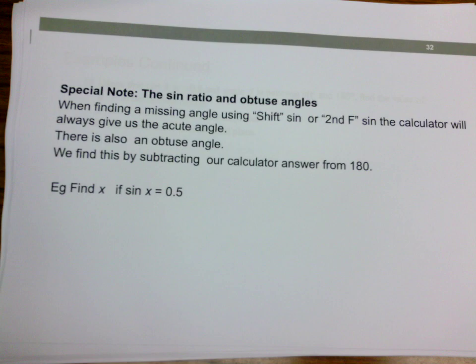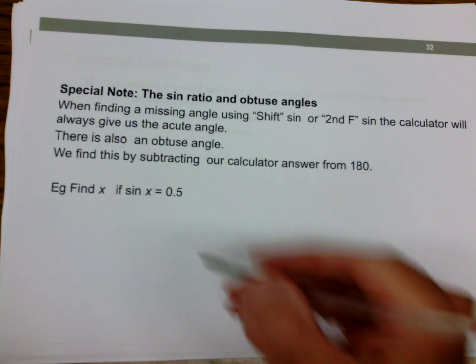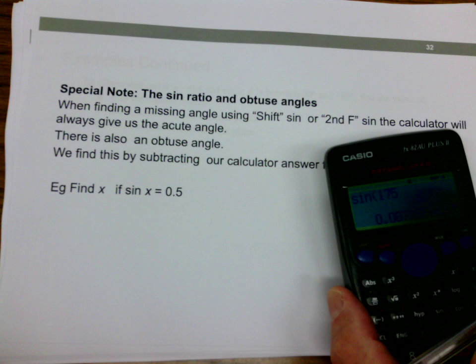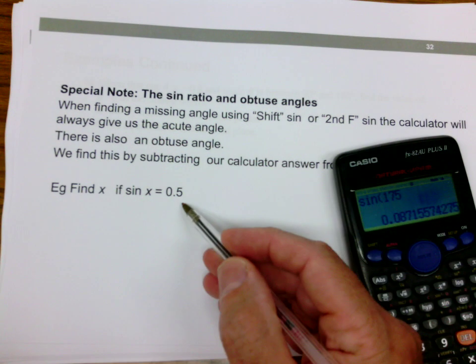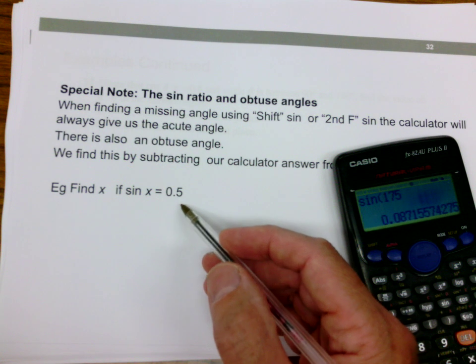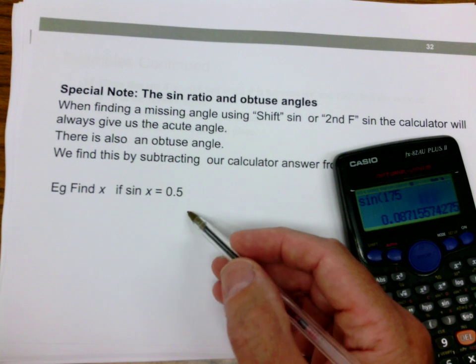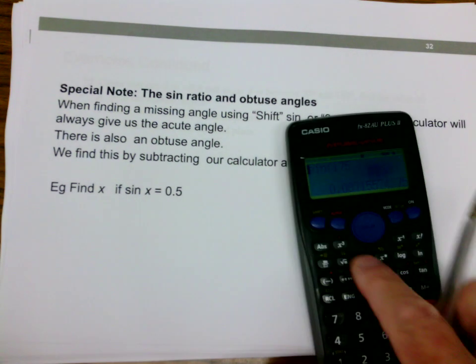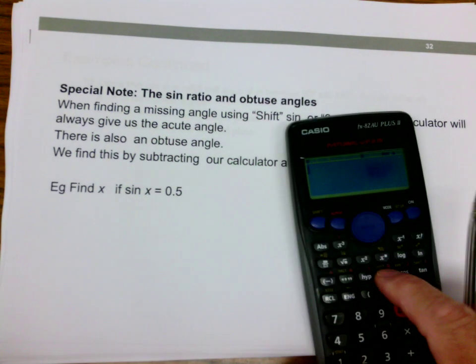Two slides to go back to. This is the big result page, right? Let's do this one now: the sine of x equals 0.5. What do we normally do? We go shift, second function, sine, because I'm finding an angle, aren't I?